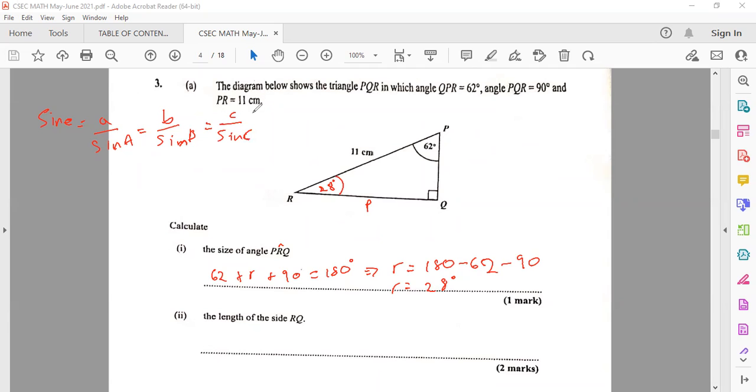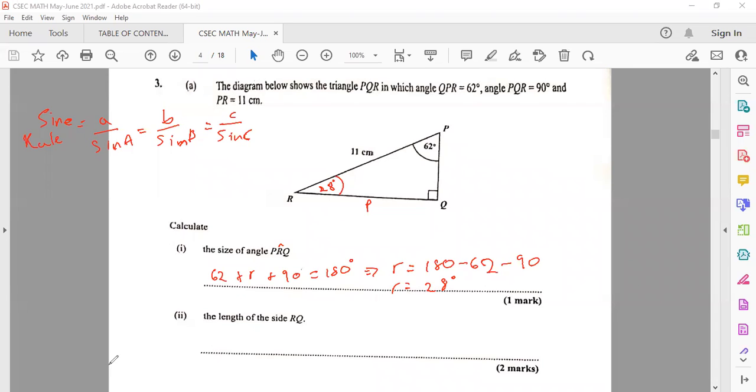Okay, you guys hearing me clearly? Yes. All right, so we can use this. This is the sine rule. Of course, with A and B, the letters can change, so it doesn't matter about that. But let's use the sine rule.